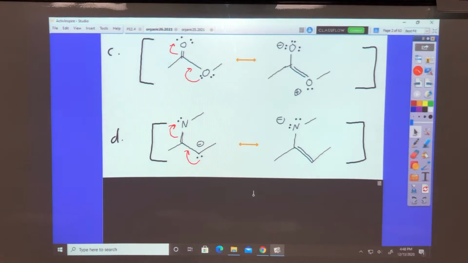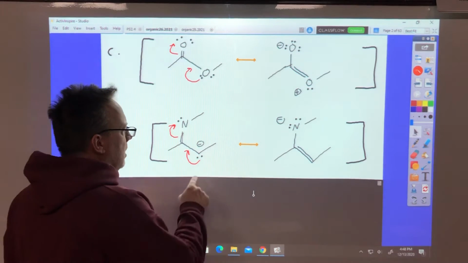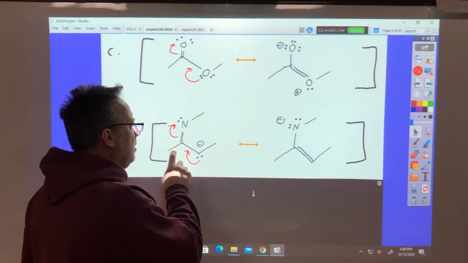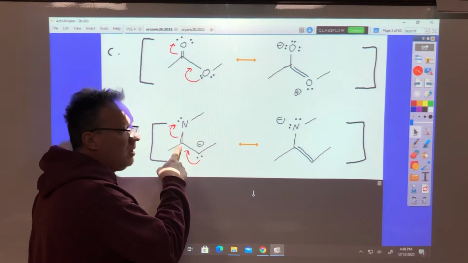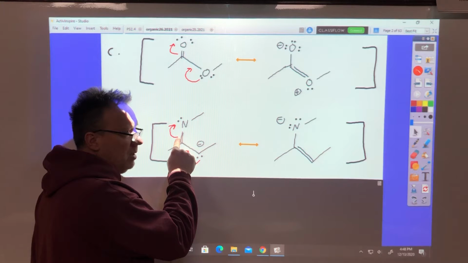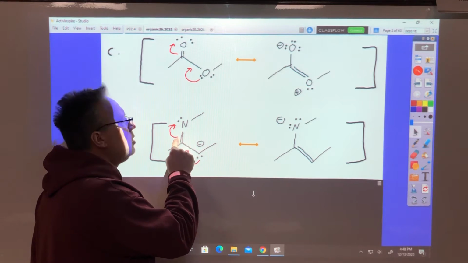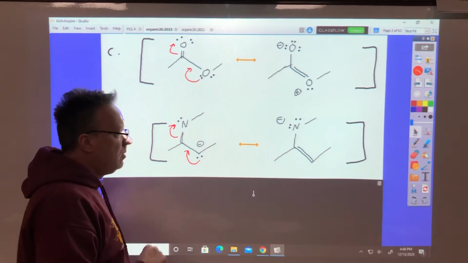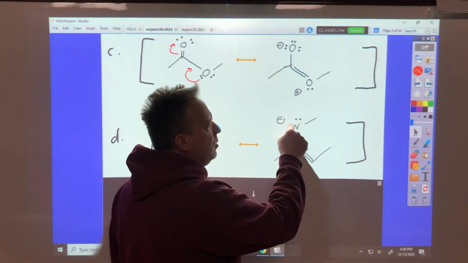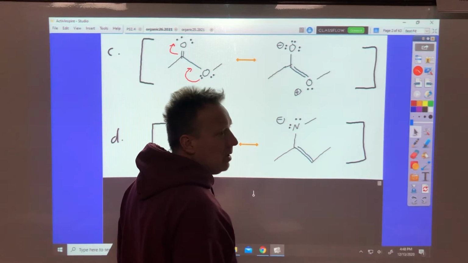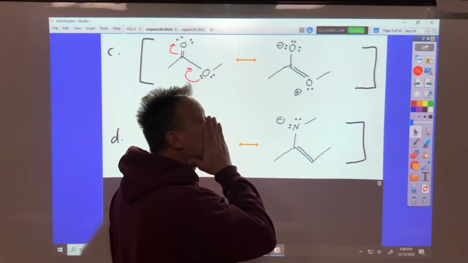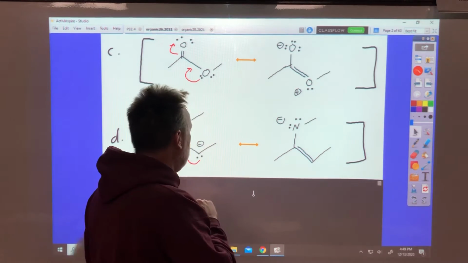Okay, well, what about this one? If this is what we have, and you have an electron pair that jumps down here and becomes part of a double bond, you can't do that because carbon has 1, 2, 3, 4 bonds on it here. But you can do it if one of these bonds here, a lone pair jumps out of here and goes onto the nitrogen. Now when that happens, your nitrogen ends up with 2, 4, 5, 6 electrons. So there's a negative on there instead of the 5 that it requires.